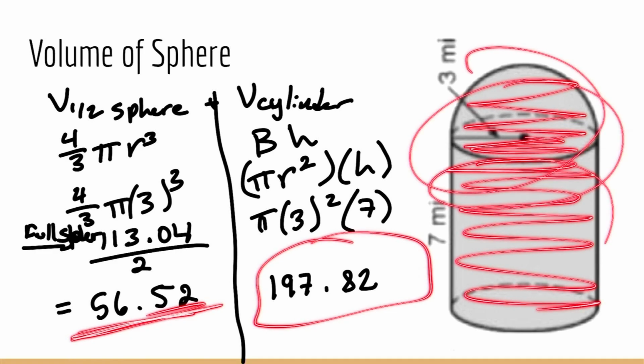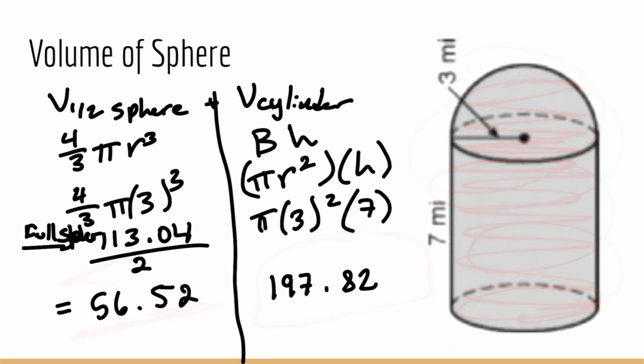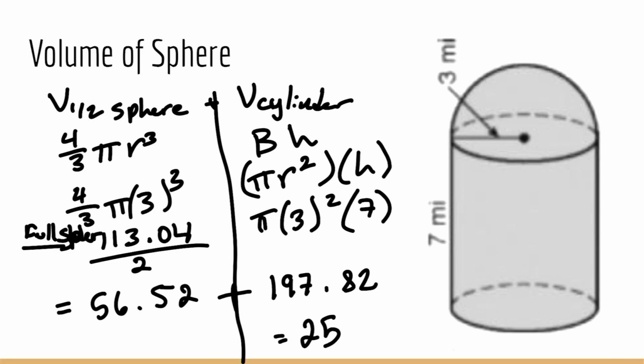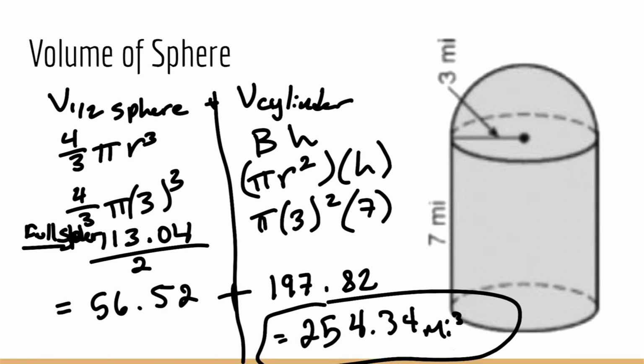To find the volume of the whole thing, we just have to add these 2 numbers together, and that should give us the volume of the full shape. Plus 56.52. That's going to be equal to 254.34 miles cubed. Cool.